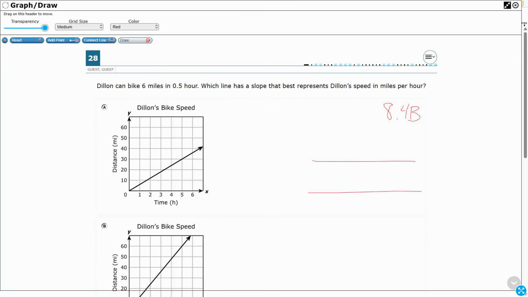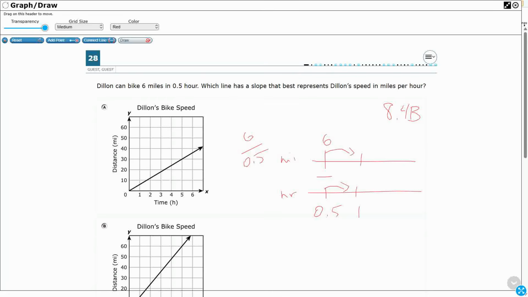So if we were to say that our time is always our x variable there. I've got 0.5 hours, and I've got miles. I've got 6 miles, right? I want a unit rate here. So I want to get this denominator. Think of this as our fraction, right? You can see that right there. So let's just double it.